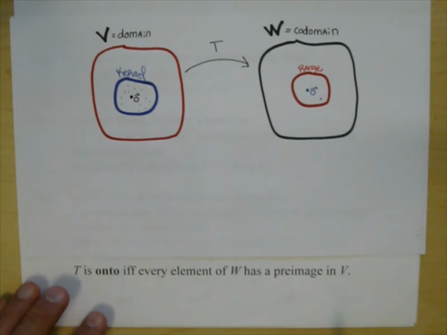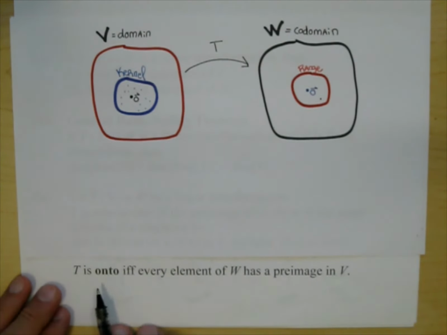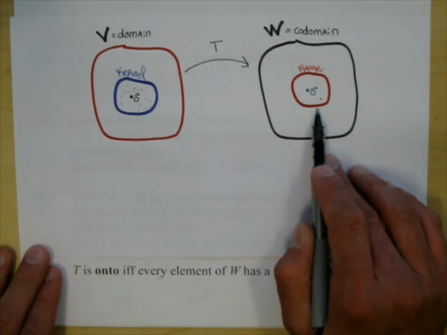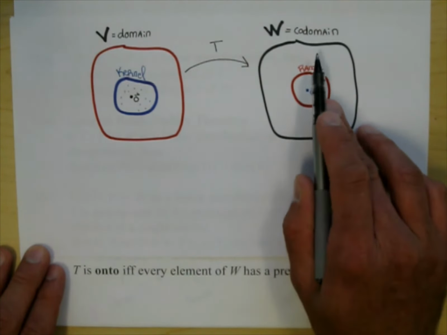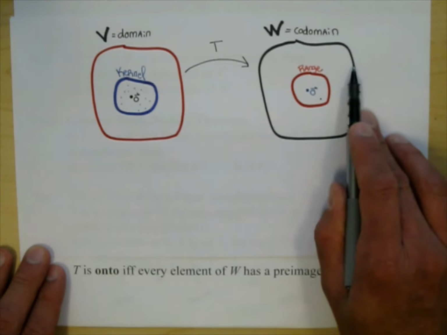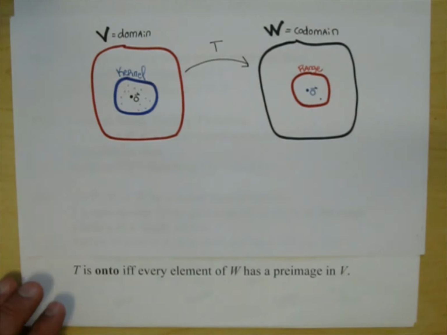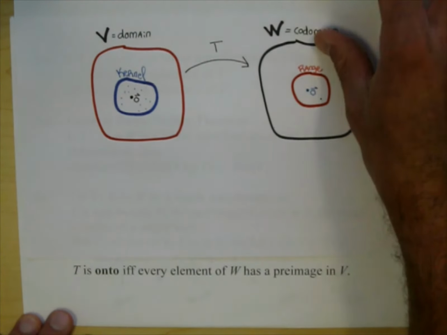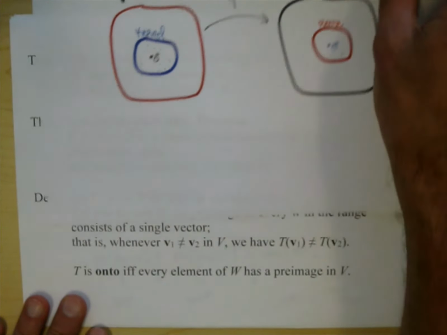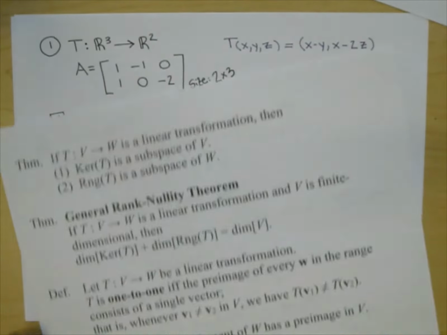And that's what it's going to say in our next theorem, that T is onto if and only if the range, this red circle, equals the codomain, which is the big circle, which is kind of what we have in our problem. We'll move on, because they're going to have us check for 1-to-1 and onto in our examples.